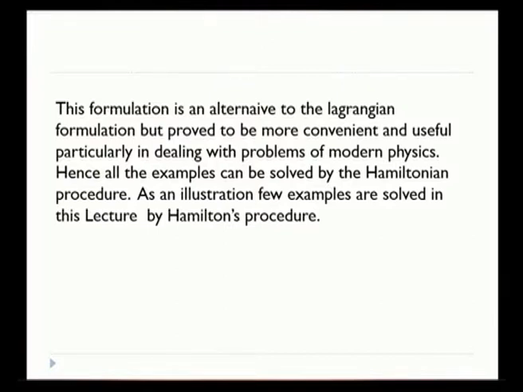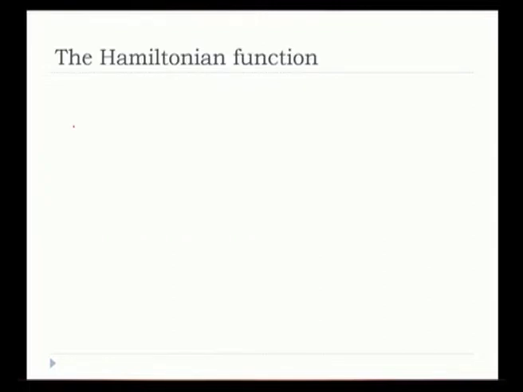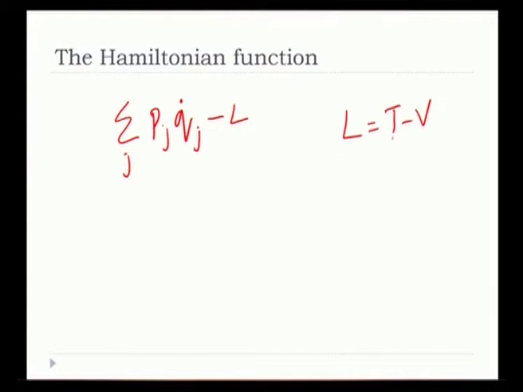First, we will define what is Hamiltonian function. The quantity summation over j pj qj dot minus L is the Hamiltonian function. You know Lagrange's function L is equal to T minus V, where T is the kinetic energy, V is the potential energy.